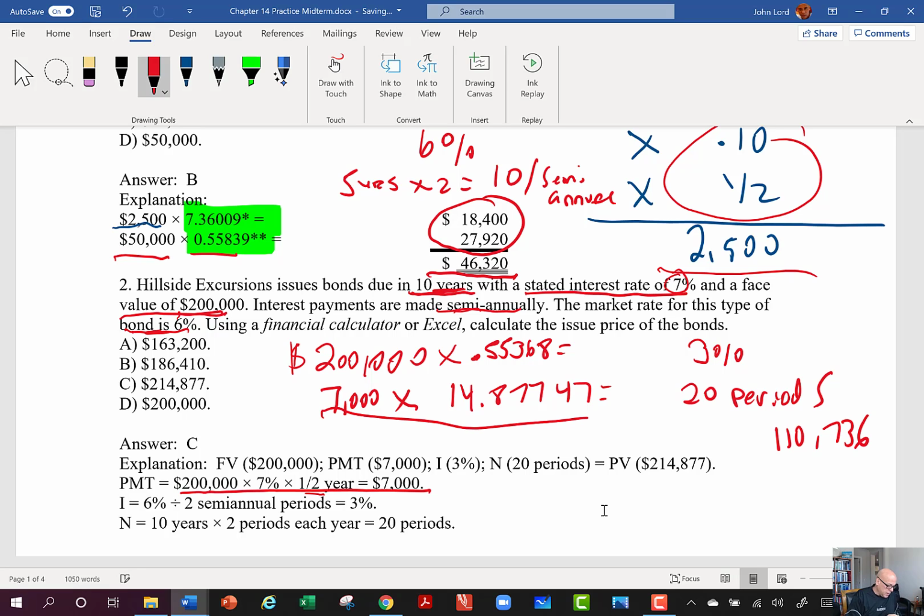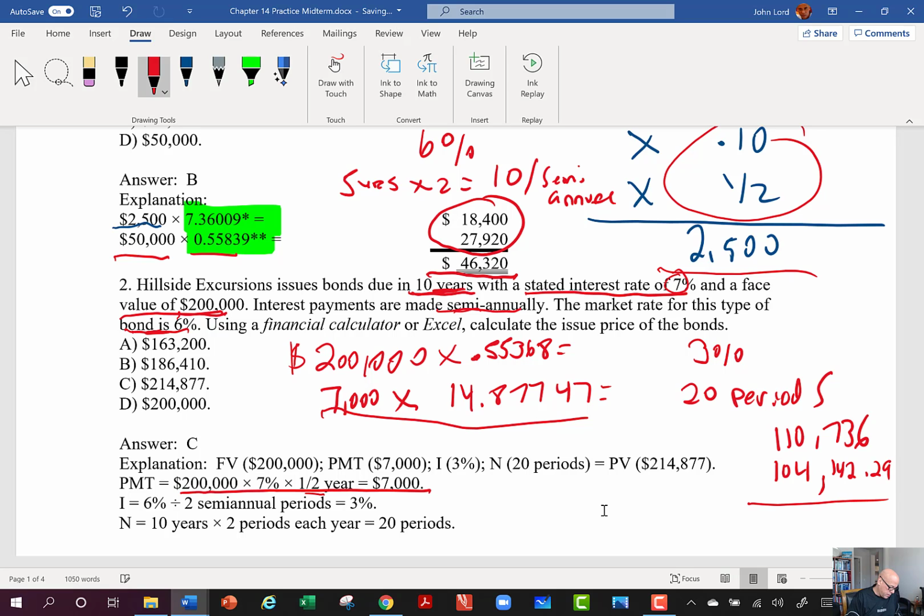And then I have to get the present value of the interest payments using the present value of the ordinary annuity factor. 7,000 times 14.87747 gives me 104,142.29.